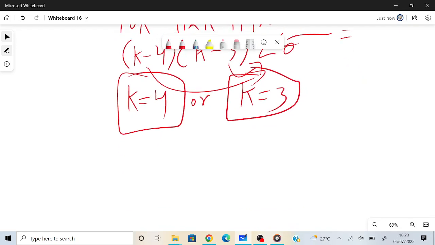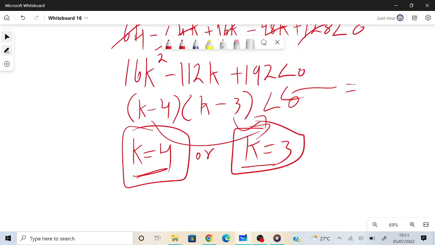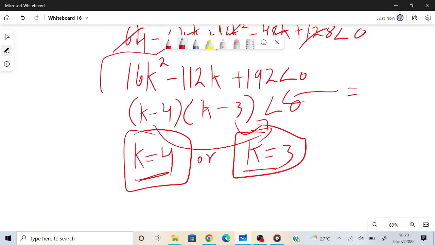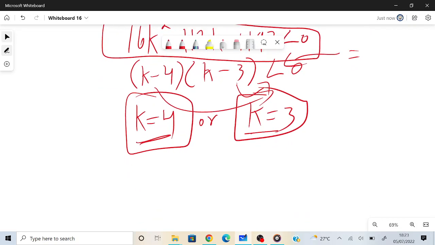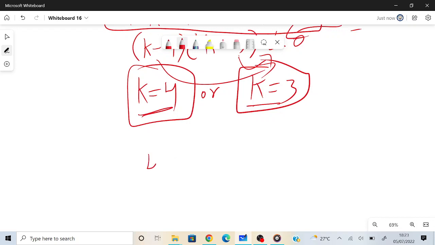because it's not necessarily that the final quadratic answers you get are correct. So what you have to do is take certain numbers and input them back into this quadratic equation here and see if it satisfies the inequality. So I have 4, I have 3. Let me test a few values.